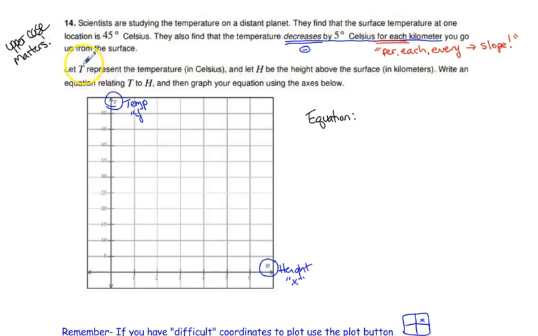So it's giving me a capital T and a capital H, so that's what I'm going to use. So T equals, my slope is -5, H, and I'm starting at my starting location temperature is 45 degrees. Next we need to graph. And to graph a line, I need, that is not how you spell need.